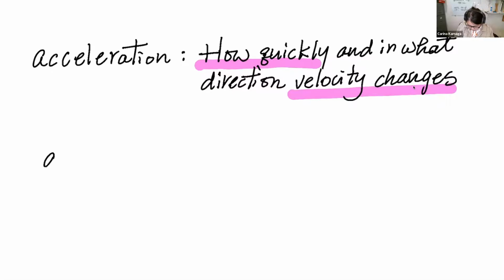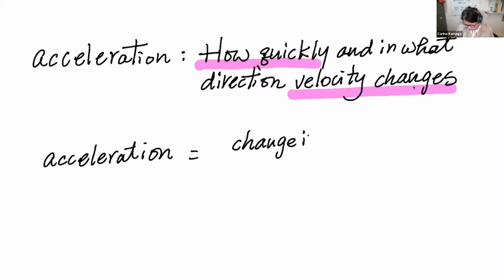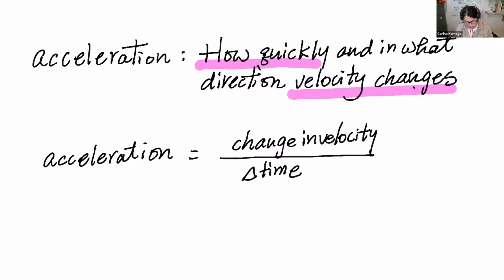So if I were to write how to quantify acceleration, acceleration equals the change in velocity divided by how long it took to change that velocity, that time interval.